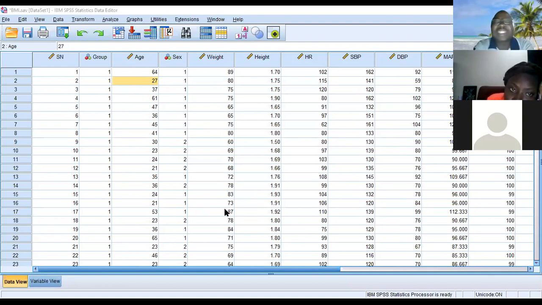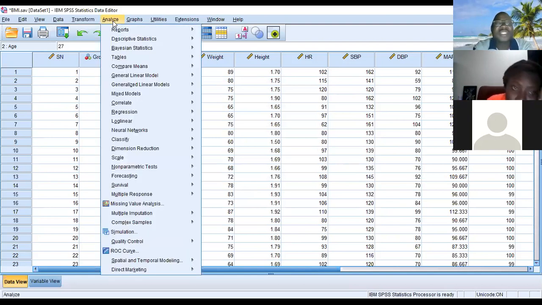Let's explore age and weight. Go to analyze. You see the way we explore now. We did the exploration yesterday.